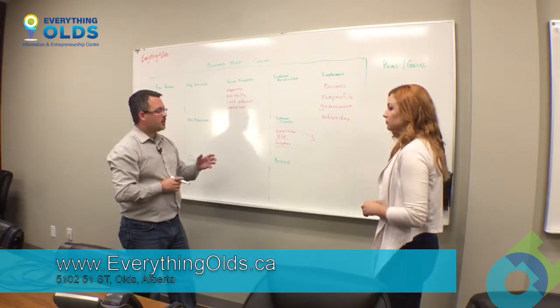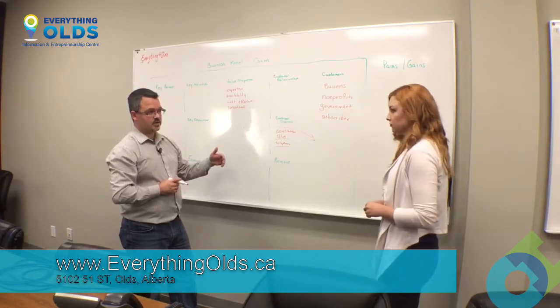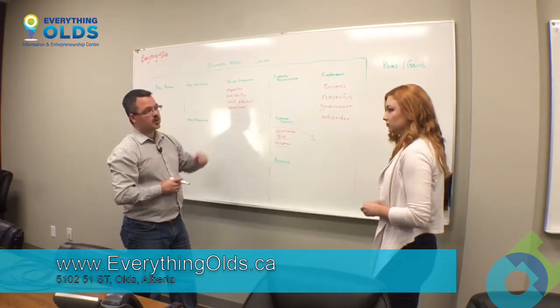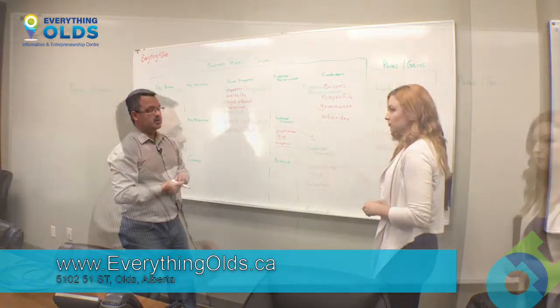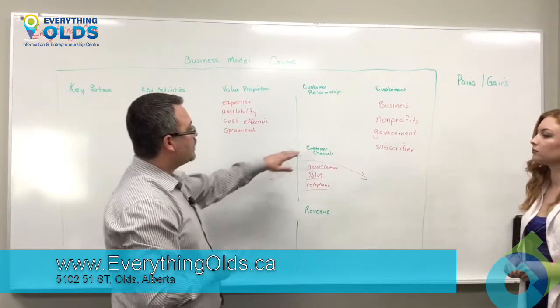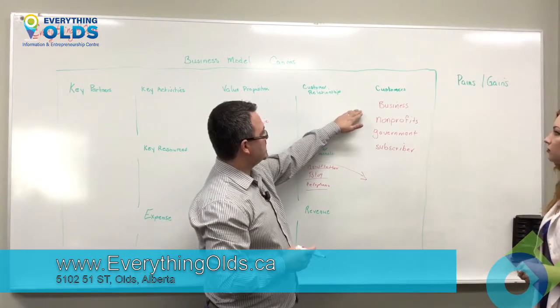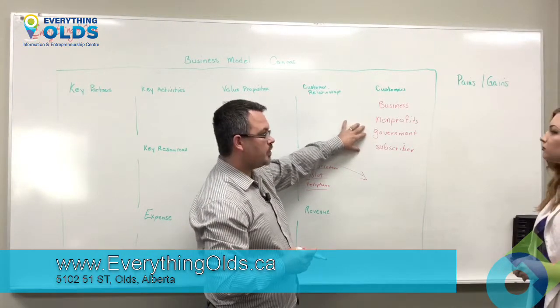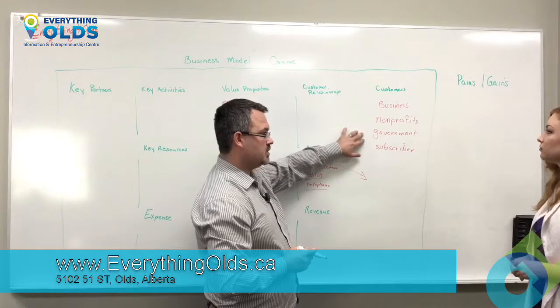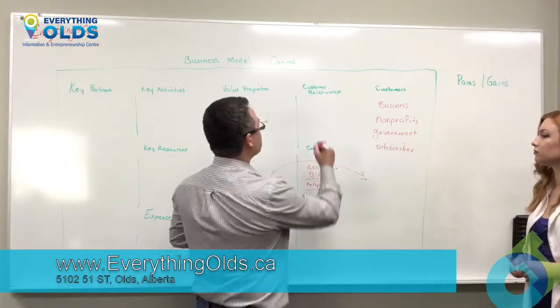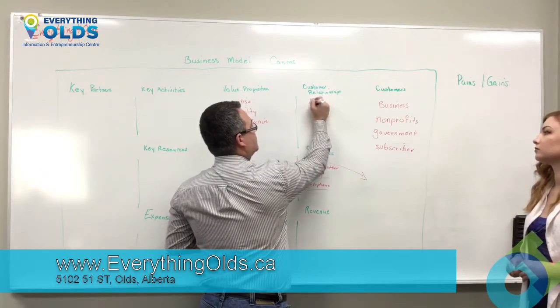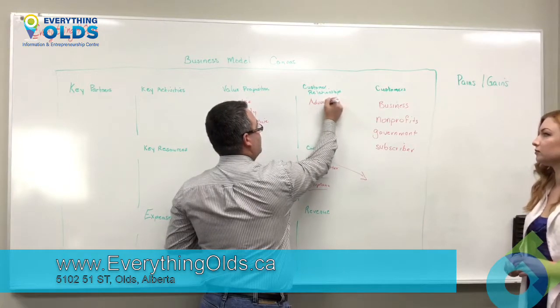And when you talk about connecting with your customer, the customer relationship is always key, right? In the nonprofit space or the business space, you may have a different type of relationship than you do with the government. For example, you might be an advocate, or a lobbyist.